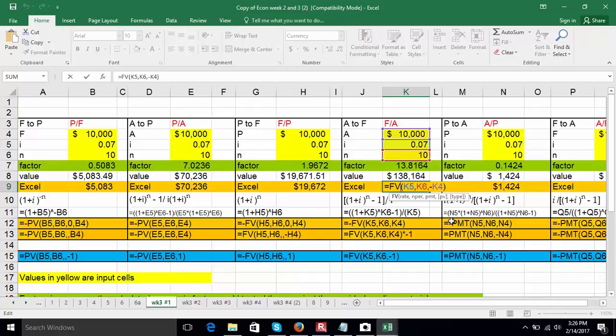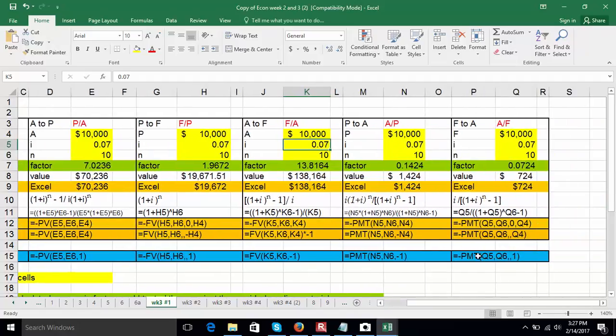So we're trying to find F. So the rate goes in, number of periods go in, the payment also goes in, there it is, in K4, and lo and behold, out pops the number. So the takeaway here is that if you had zero interest and invested $10,000 a year for 10 years, you'd have $100,000, but it's at 7%, so now you're at 138, more than you might have expected.